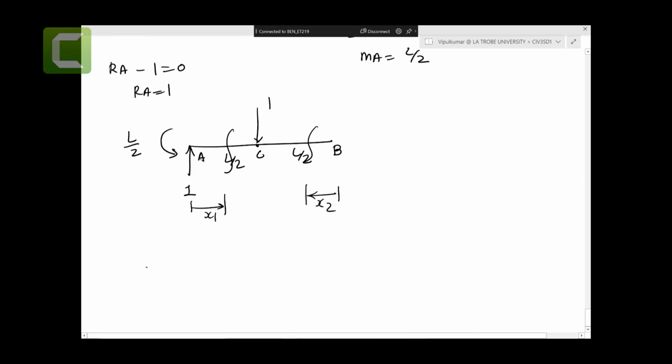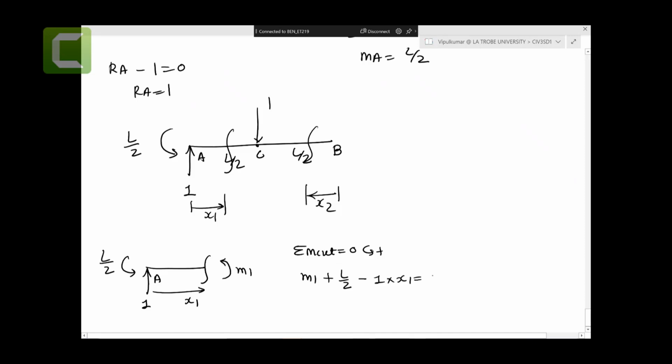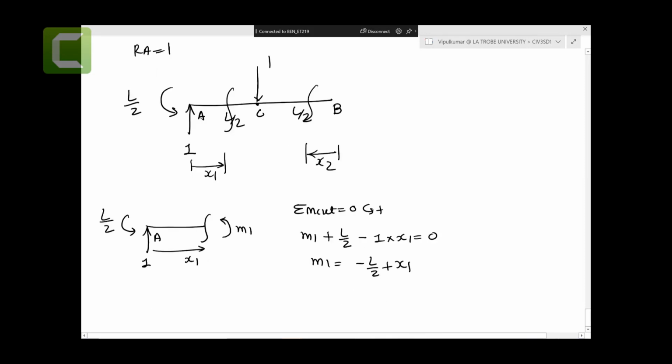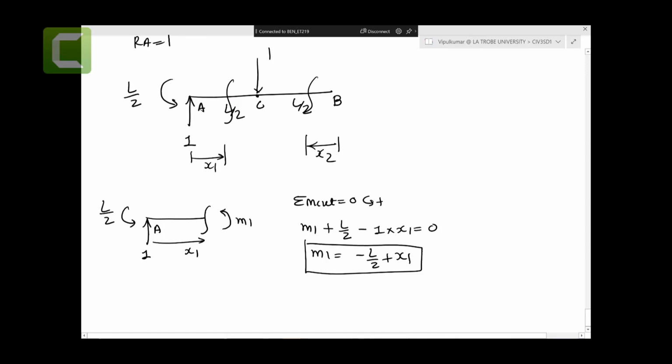So when I take this first one, which is 1, this is point A, we make a cut, small m1, at a distance of x1, with reaction moment L by 2. Sum of the moment at the cut equals 0, anti-clockwise is positive: small m1 plus L by 2 minus 1 times x1 equals 0, so m1 is equal to minus L by 2 plus x1.